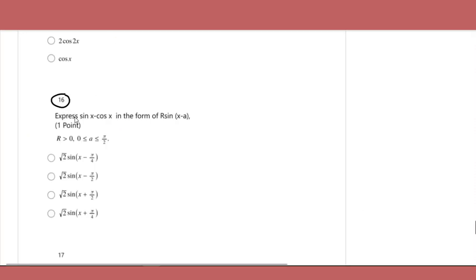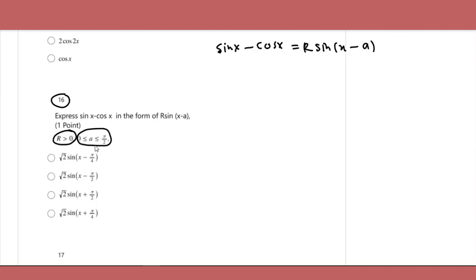Number 16. Express sin x minus cos x in the form of r sin of x minus a, where r is positive and a is an acute angle, a lies between 0 and pi over 2.